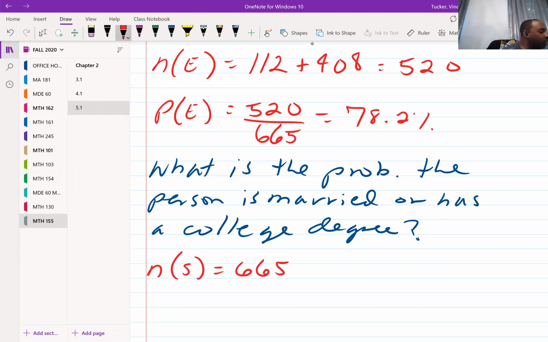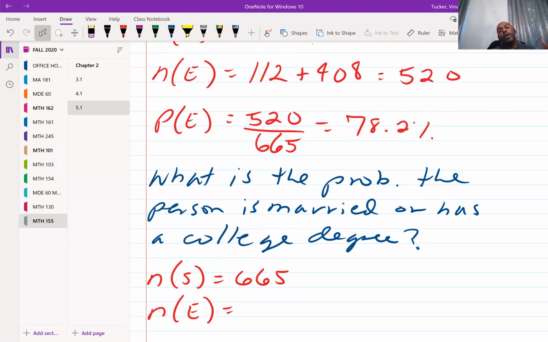All right, once again, bottom number 665. All right, so okay, before I scroll back up to the chart.